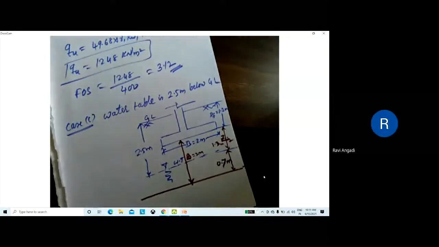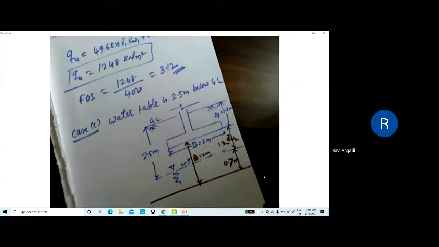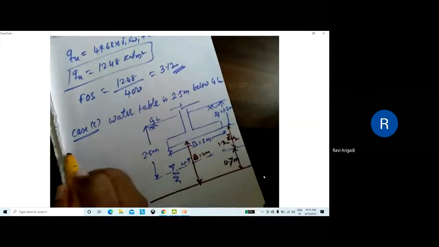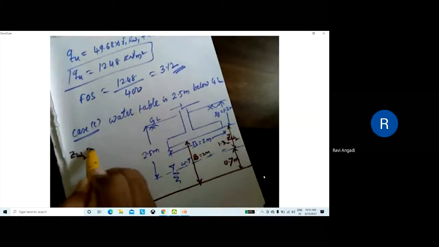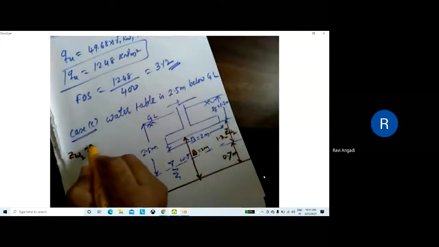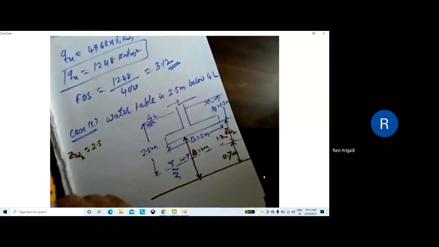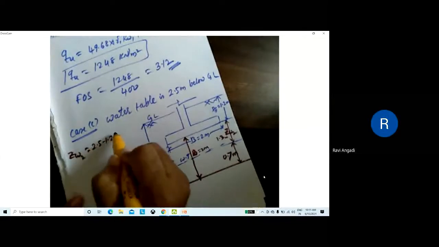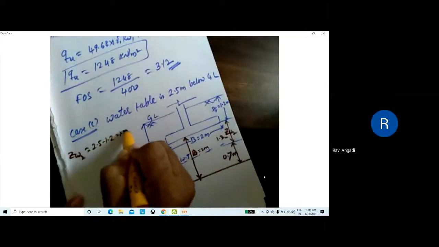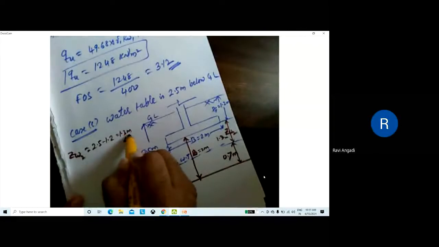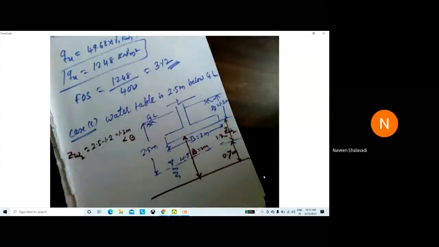Okay. Now calculate a separate ZW2 value here. ZW2 is 2.5 minus 1.2, we get 1.3 meter. So is it less than B or greater than B? Less than B, sir.